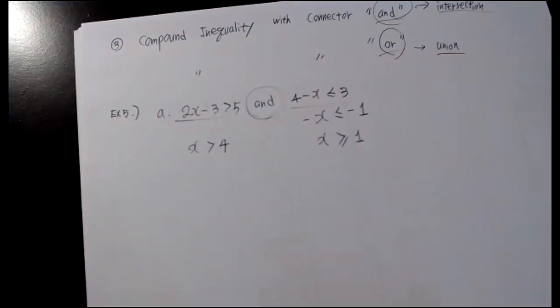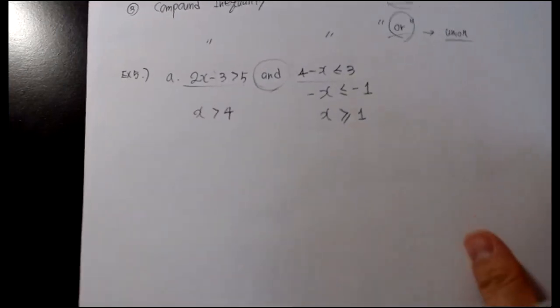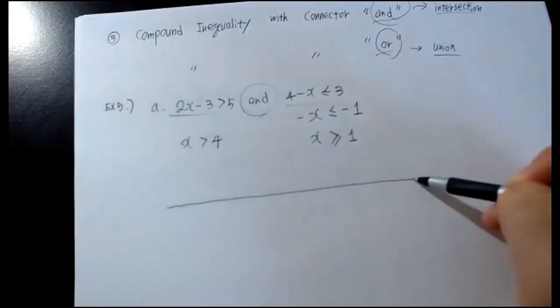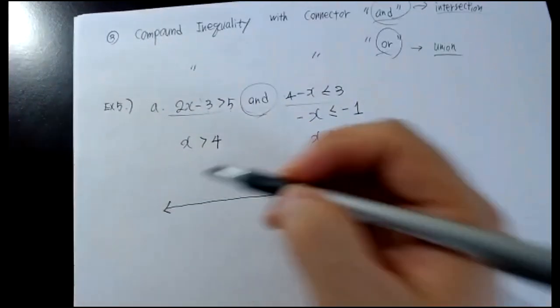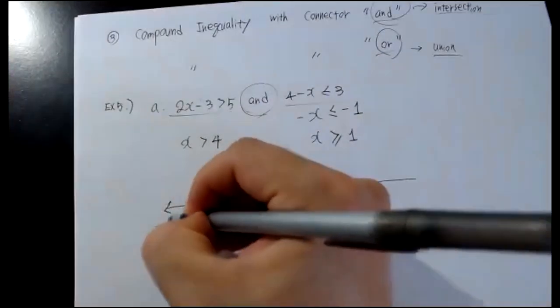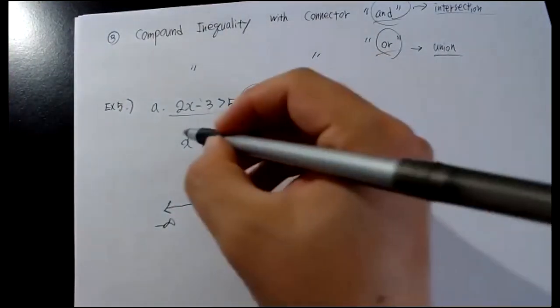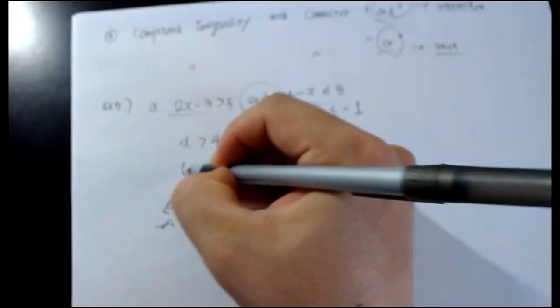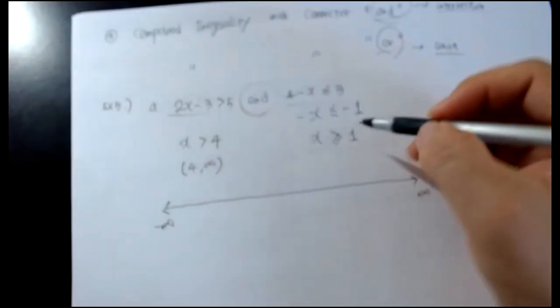Now, what are we going to do? We find the solution set in interval notation. Definitely x is greater than 4, so the solution set of this inequality is open 4 to infinity. This one is closed 1 to infinity.